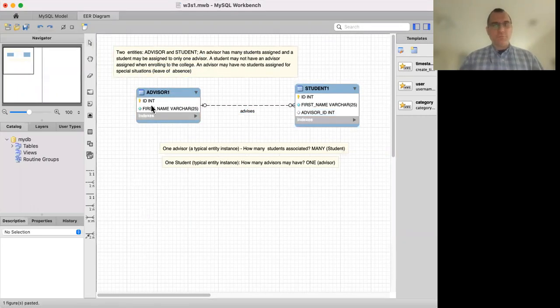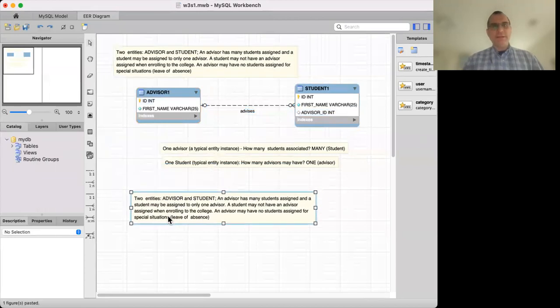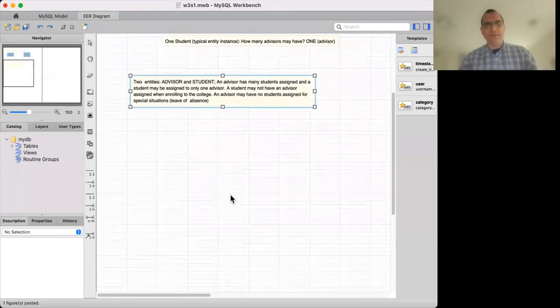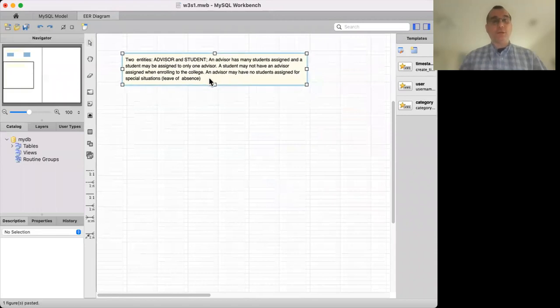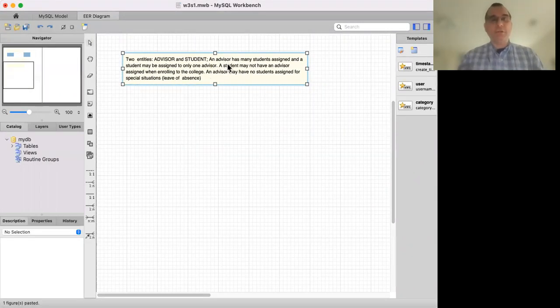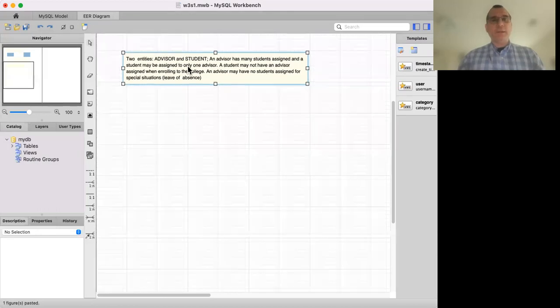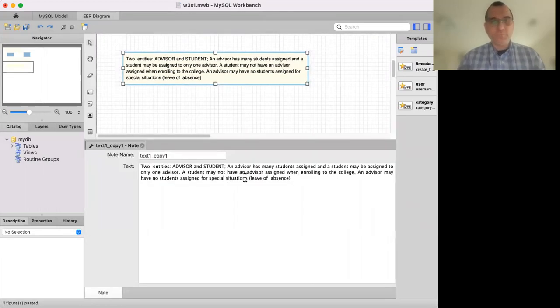So the next situation that I would like to describe here will be similar to this one, but now I will say advisor has many students assigned, and the students may be assigned to one or more advisors.